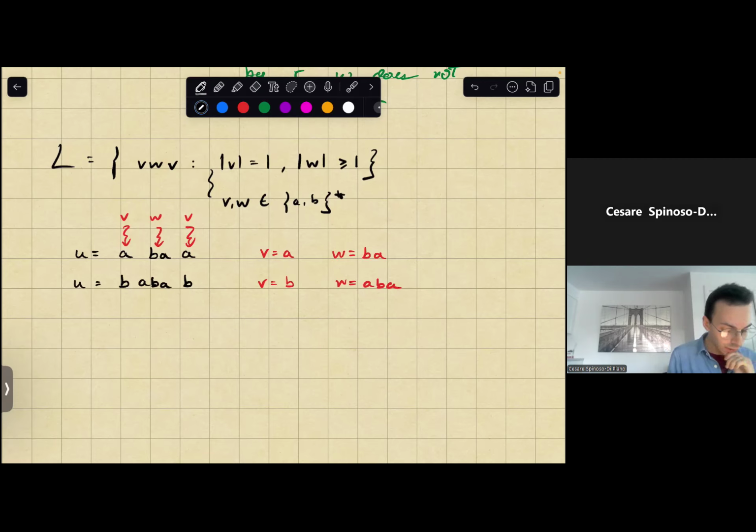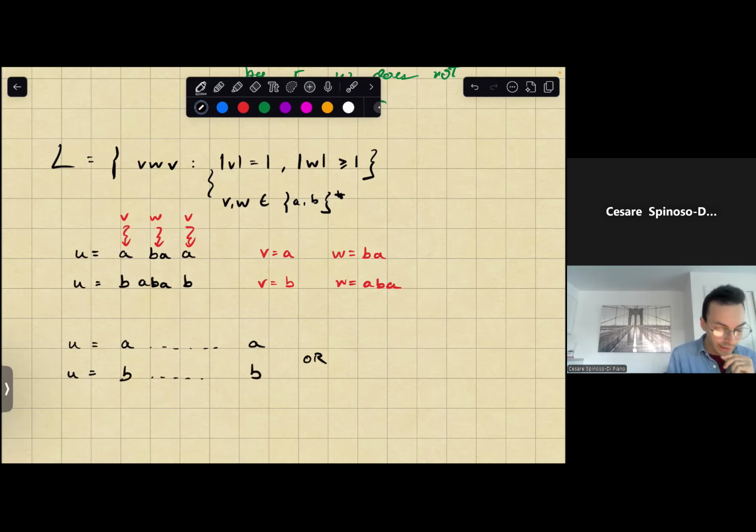But essentially, the pattern is already described a little bit for us in the language, right? The first letter is the same as the last letter, and in between we have to have at least one letter, but there could be more than one. So if we think of a string in general, it could be either A with some stuff in between and then ends with A, or it could be B with some stuff in between and then B again.